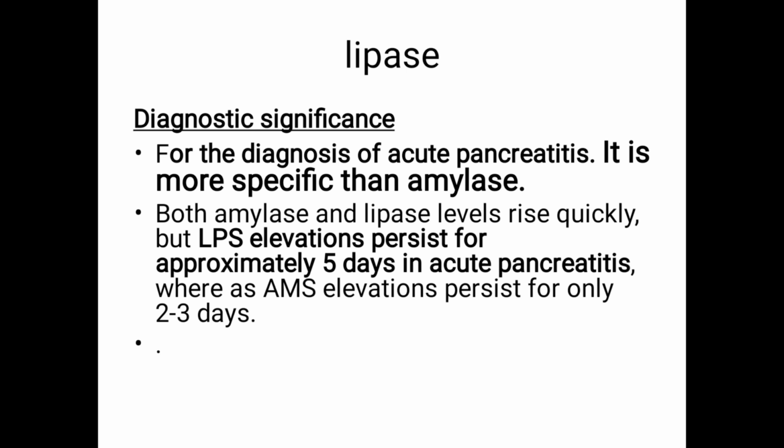Why? Because amylase is also found in salivary gland. In mumps, infection of salivary gland, amylase also increases. But in case of mumps, lipase is normal. It is only increased in pancreatitis. So lipase is more specific than amylase.